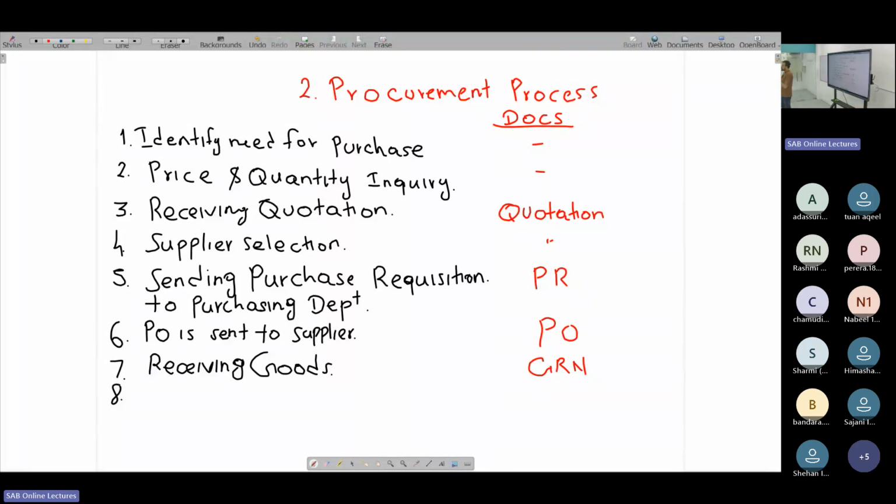This credit note can be issued in two situations: once receiving the goods, before sending the invoice, you can also send. Sometimes with the goods, once you get the signature from the buyer, the seller will send the invoice. After receiving the invoice, sometimes the buyer will check the quality.